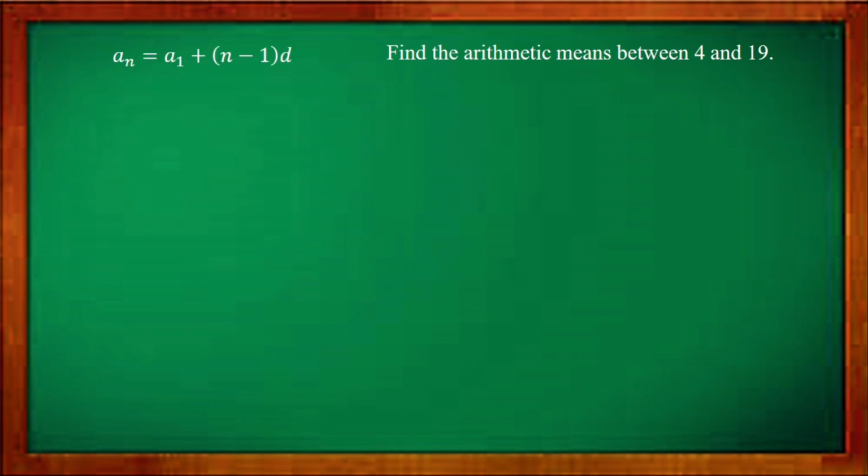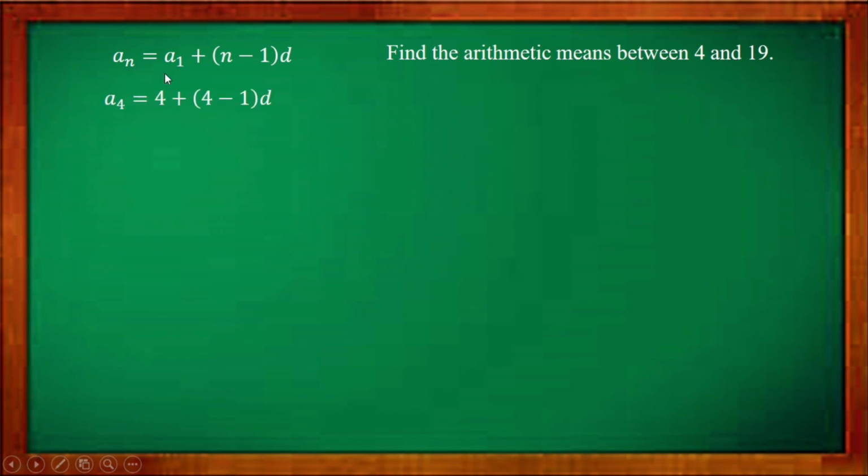Okay, again, let us go back to our problem, which is to find the arithmetic means between 4 and 19. And again, here is the step-by-step process that we performed earlier to get the value of the common difference. We apply the formula for getting the nth term, which is a sub n equals a sub 1 plus n minus 1 times d.